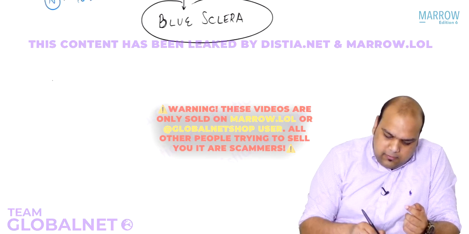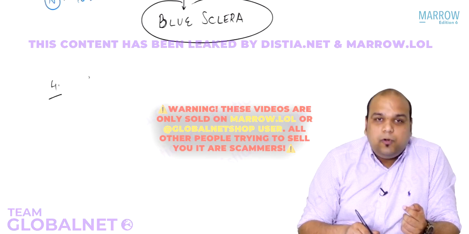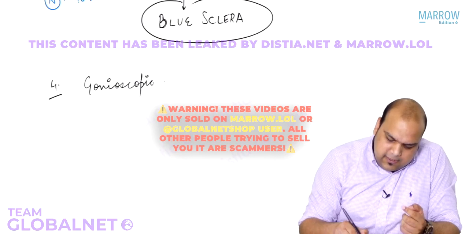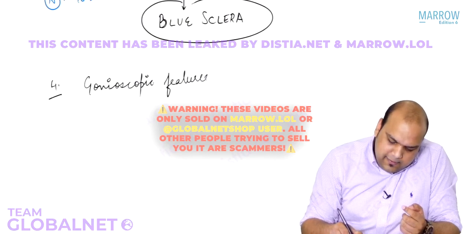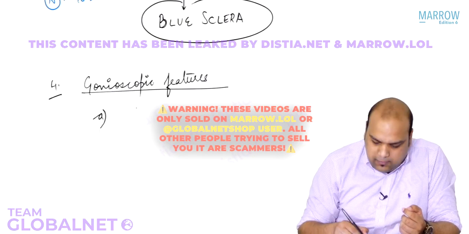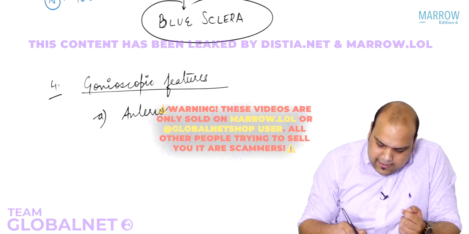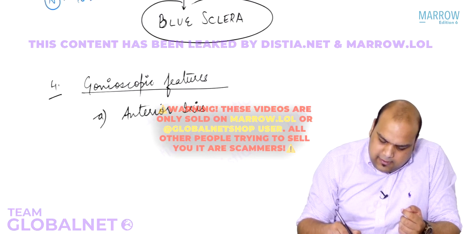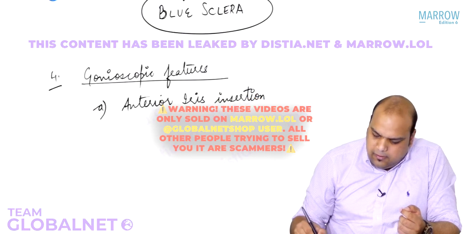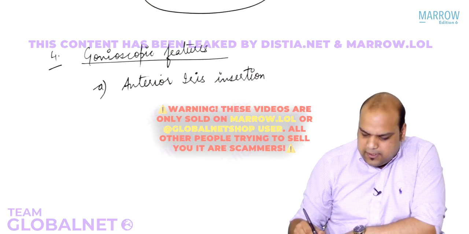But if it is a glaucoma, you may also want to do what, everybody? Gonioscopy. So what are the gonioscopic features? There are 3 gonioscopic findings characteristic for congenital glaucoma. First of all, on examination, the iris is inserted anteriorly, anterior to the normal position of insertion of the iris.